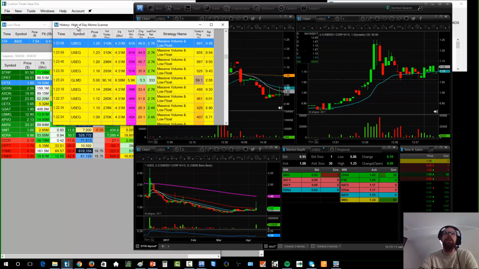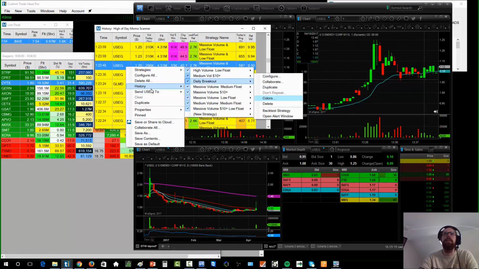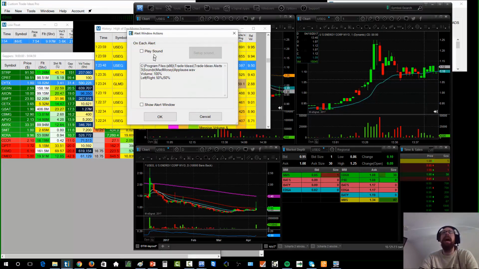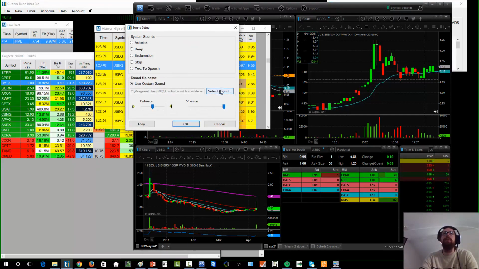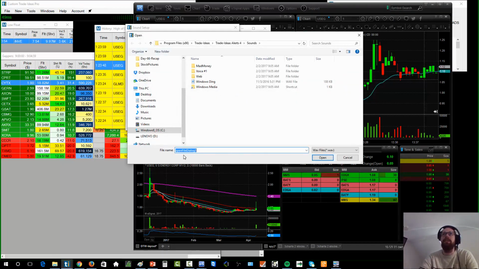Now, one of the things that I can do is I can right click, go to properties, and go to actions. When I go to actions, I can play a sound, set up sound, and I can choose a sound specifically for this stock. The one that I'm using right now, I can't remember which one it is.